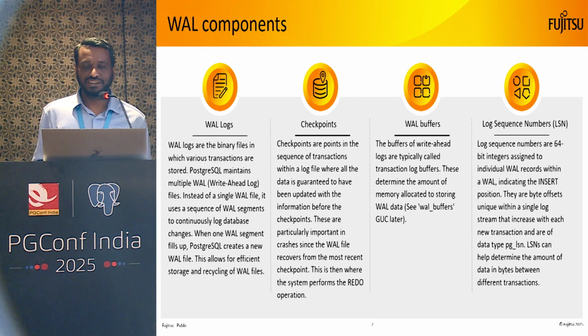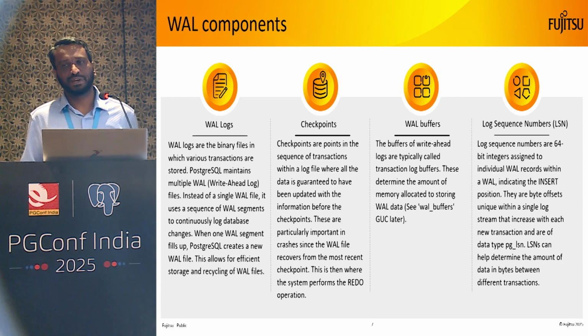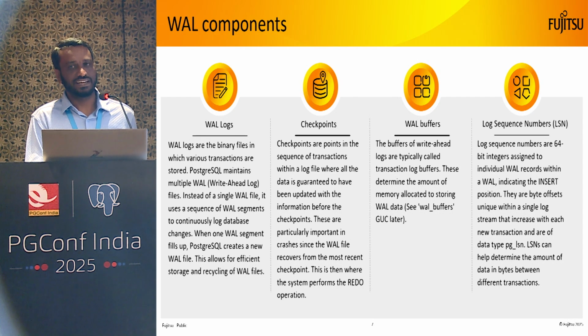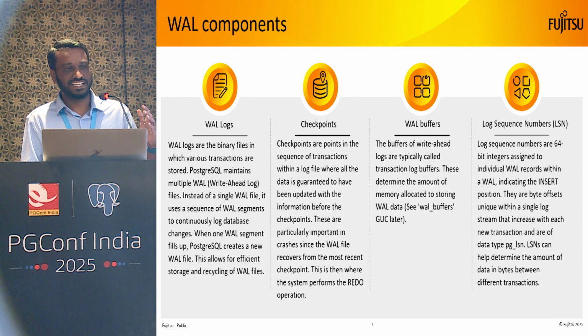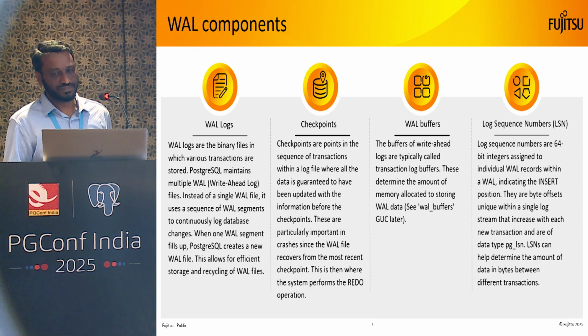And for the WAL buffer, as I told, whatever changes are happening on the disk, we use minimal information through which we can generate the actual data buffer. That will be stored in the WAL buffer. It's shared memory, so based on the size specified in WAL buffers, that much memory is allocated.